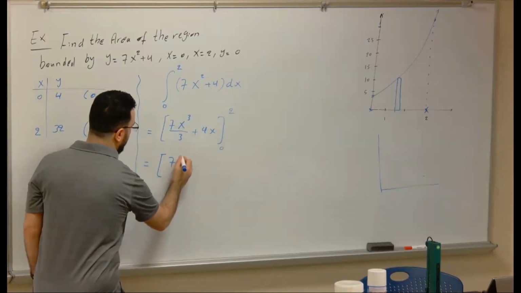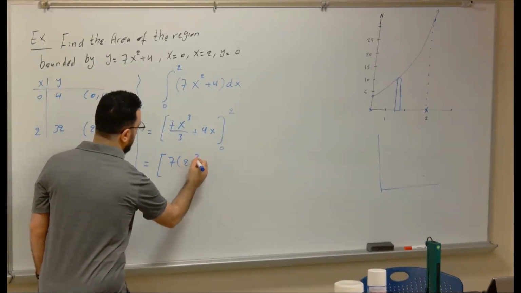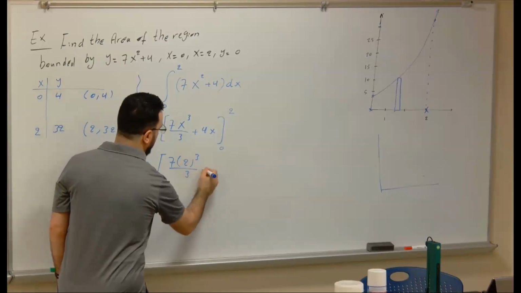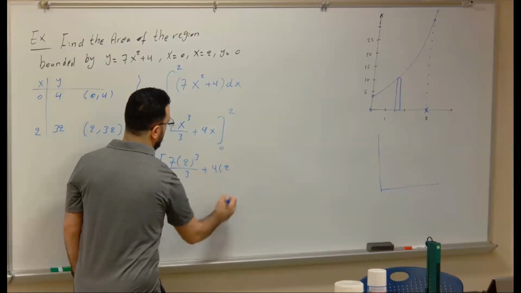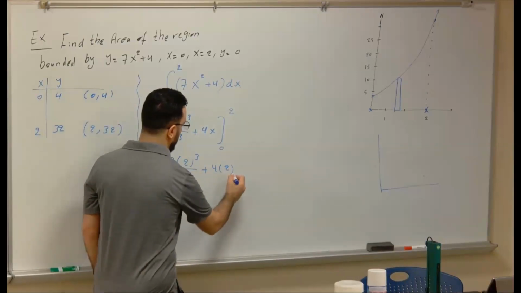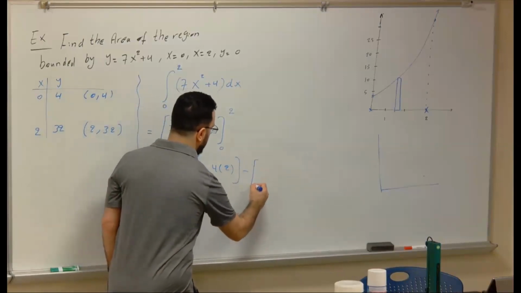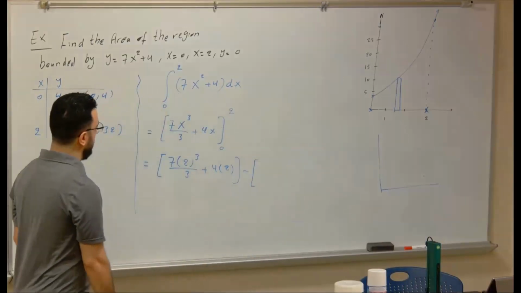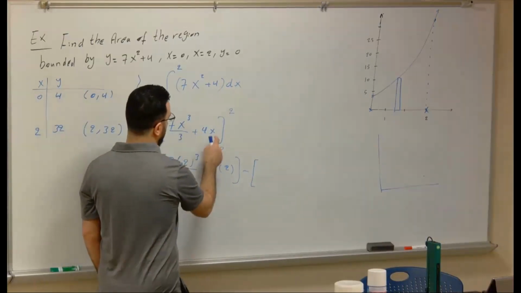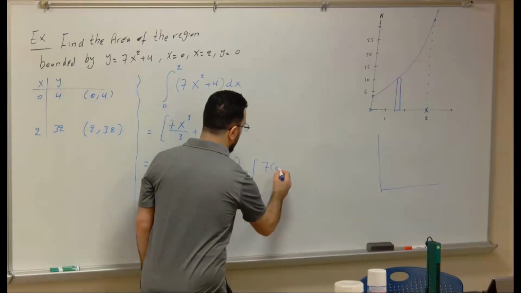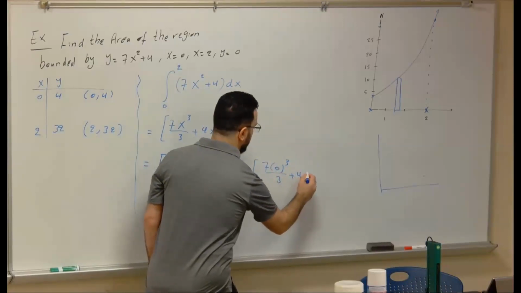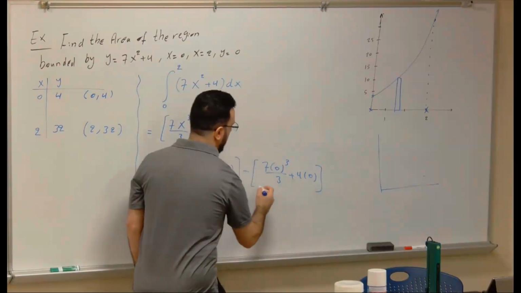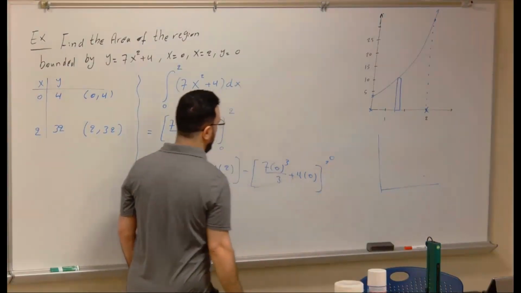So it's going to be 7 times 2 cubed over 3 plus 4 times 2. Everything minus, this one is 0 and this one is 0. So it's going to be 7 times 0 cubed over 3 plus 4 times 0. Everything here is 0.